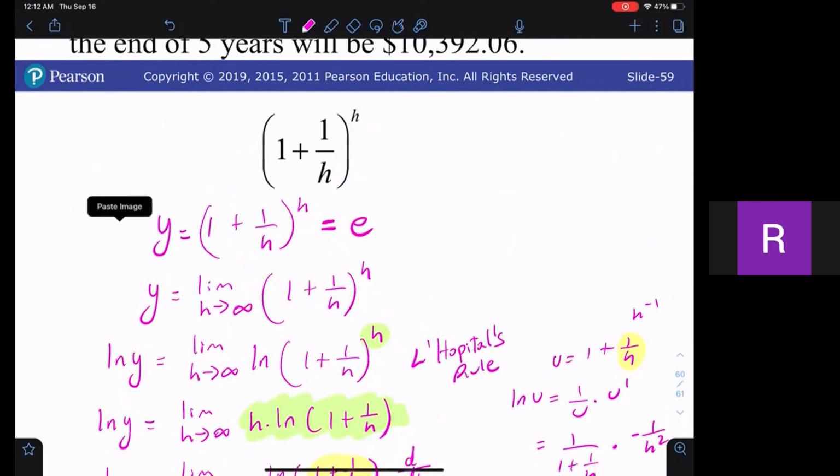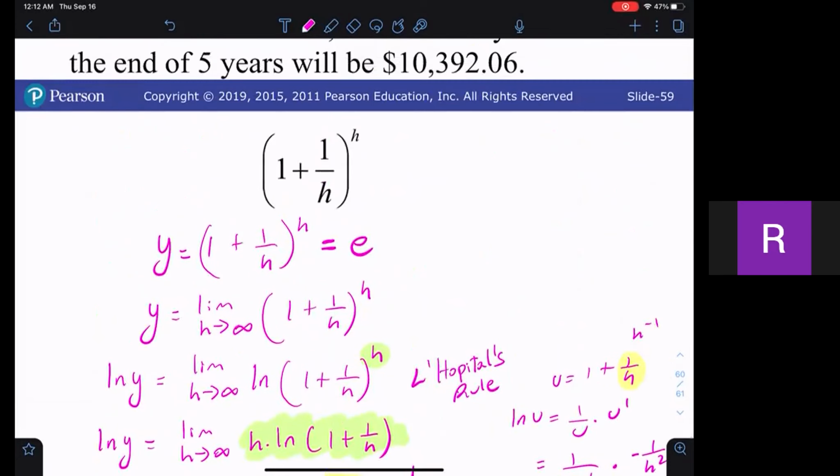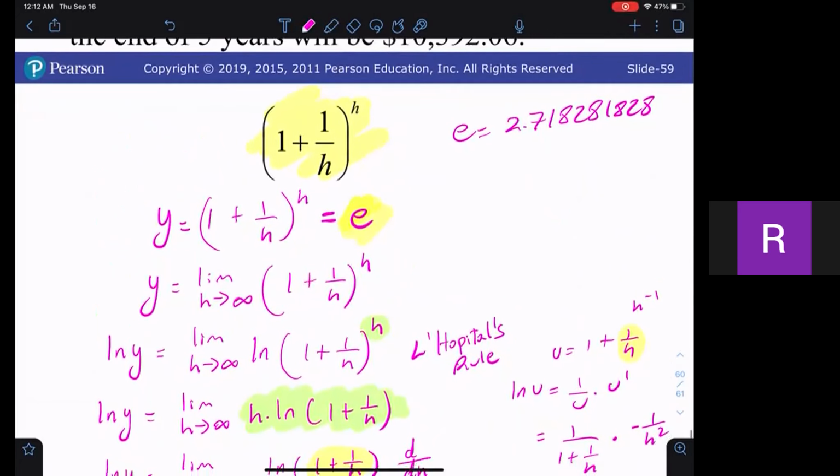That's why, as it gets larger, it is approaching e, which we said was 2.718281828 and so on.